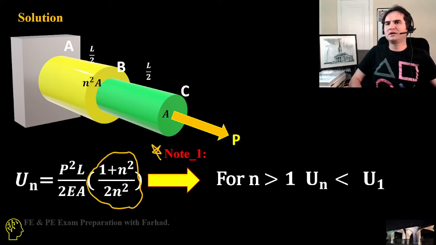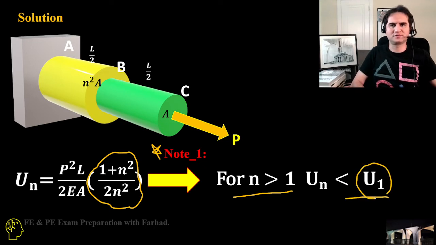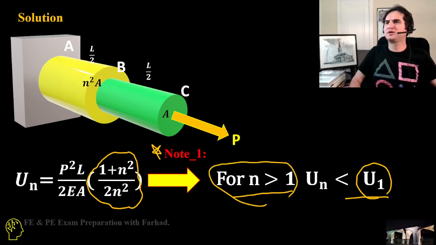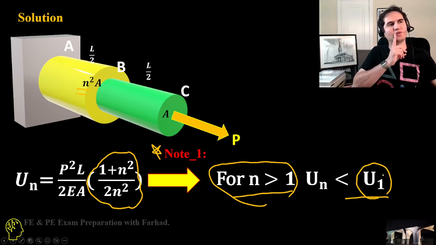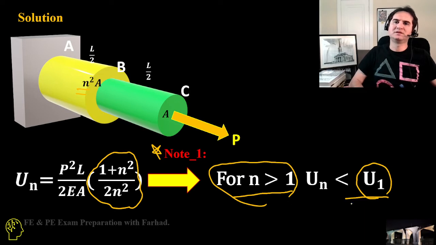Note that for n greater than 1, U_n is smaller than U1, as we observed in the previous slide. U1 was a unity, and U2 is 62% of that, U3 is 55%, so it's decreasing. As you increase the cross-sectional area of the second part, the strain energy reduces compared to when n is equal to 1.